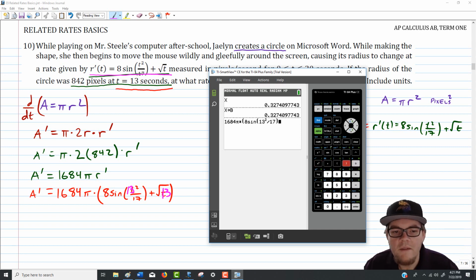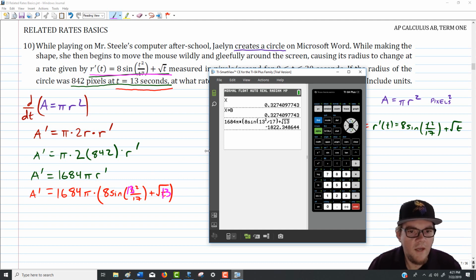I think that's equal to about 10, isn't it? 169 over 17 is a little under 10. The other thing that we have is we have to add to that the square root of 13. There it is. And without further ado, ooh boy, not a fun answer.